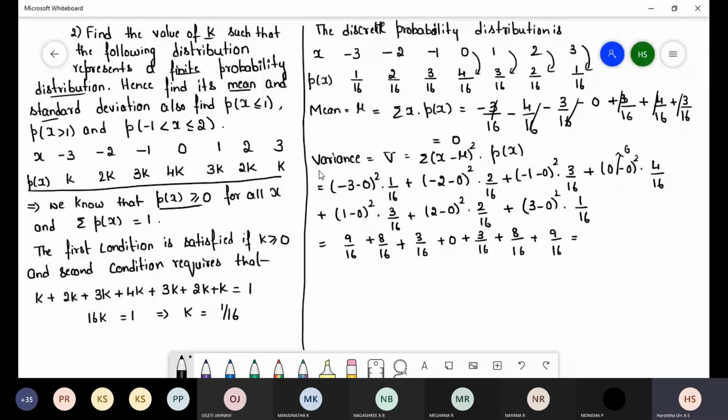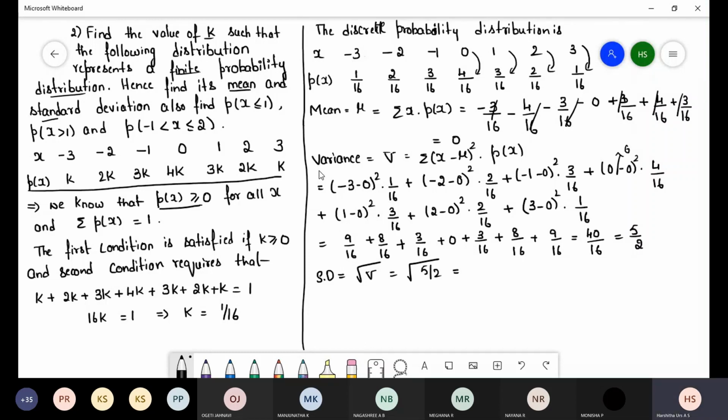When you add all the terms: 9 plus 9 is 18, 18 plus 8 is 26, 26 plus 6 is 32, 32 plus 8 is 40. So 40 by 16. The variance we got is 5 by 2. Now we have to find the standard deviation, that is the root of the variance. What is the root of 5 by 2? Calculate it on your calculator and tell me the answer, because for this whole module we have to use the calculator.